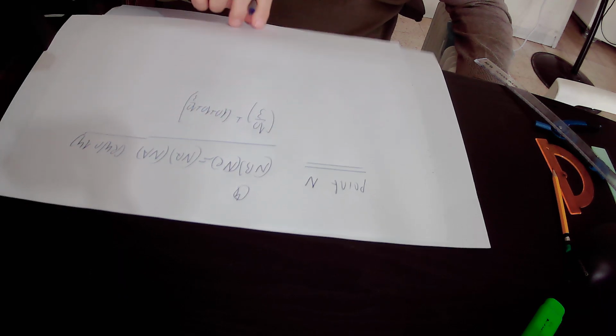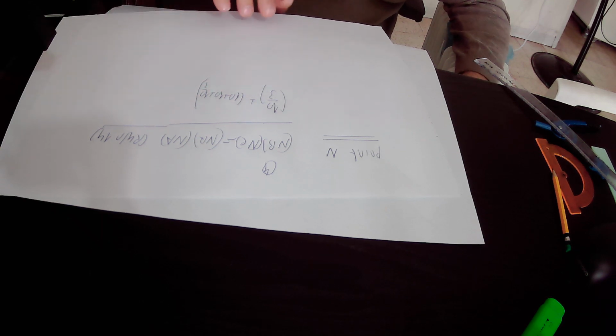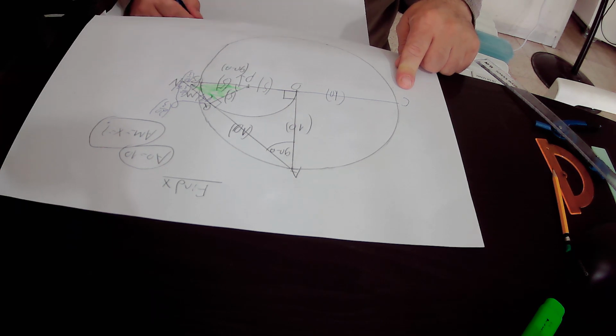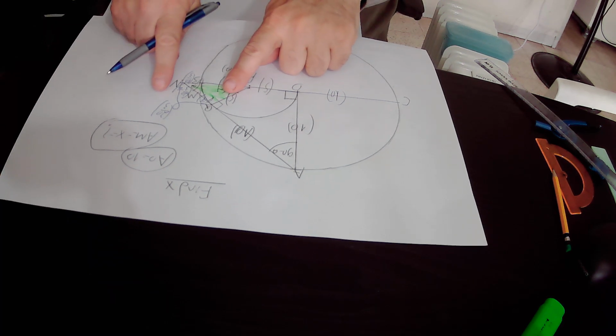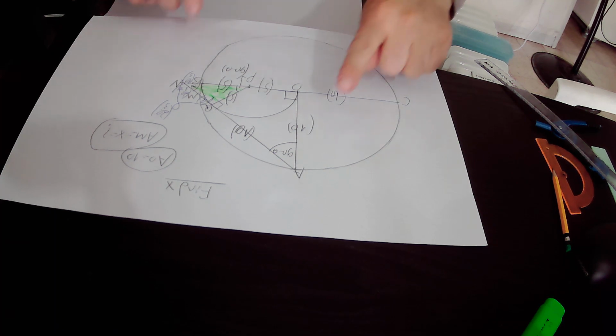Okay, repeat again. NC in total, or CN, equals 10 plus 10 plus 10 over 3, and it equals NQ. NQ is 20 over 3 times NA.